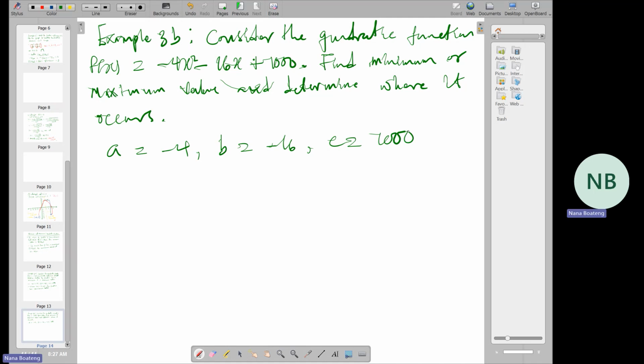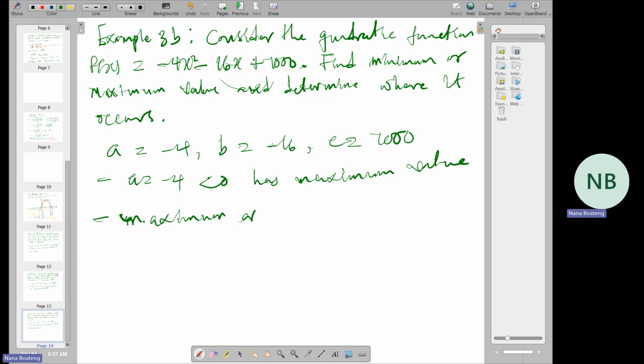So because a is less than 0, it has a maximum value. The function has a maximum value, and this occurs at the vertex, so we need to find the vertex point. The maximum or minimum always occurs at the vertex.